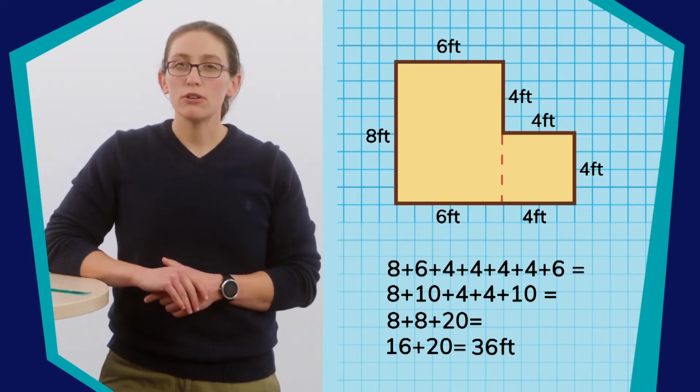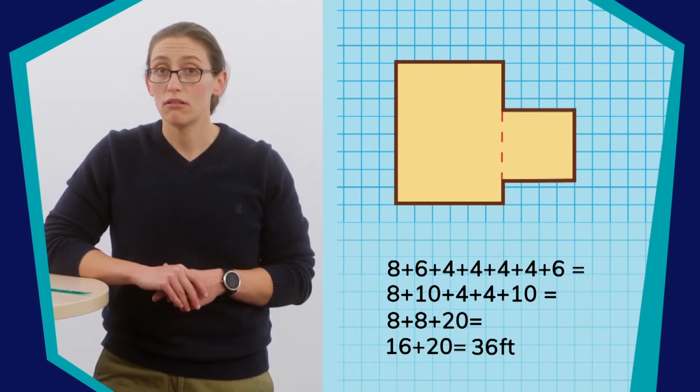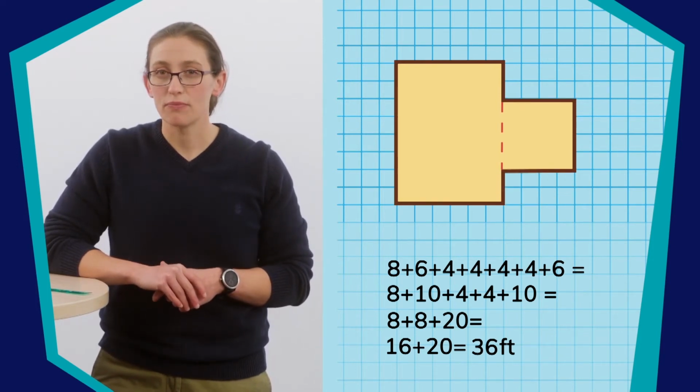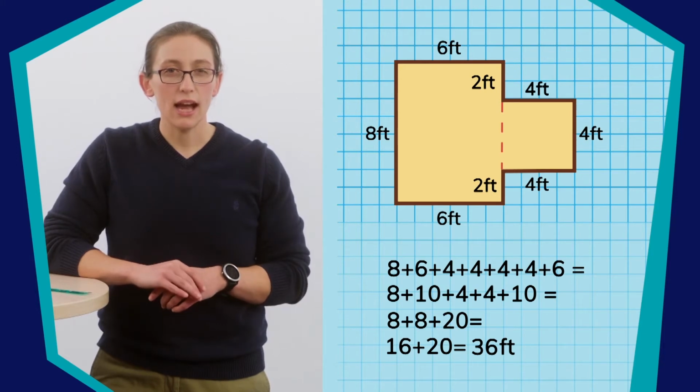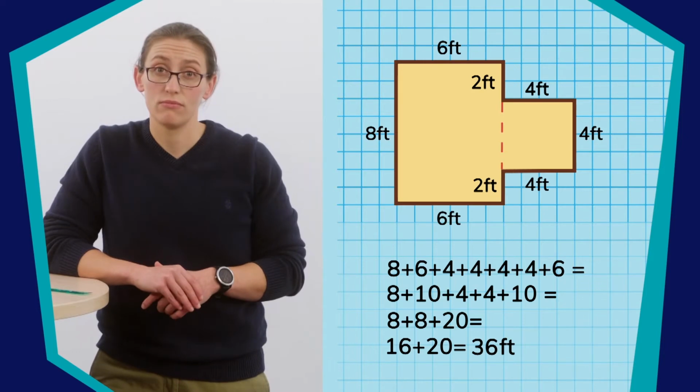Do you think the perimeter would change if I moved the square part of the sandbox to the middle? Try it out and let's see. While you're waiting and thinking, I want you to try and think about if it changed or if it didn't change.